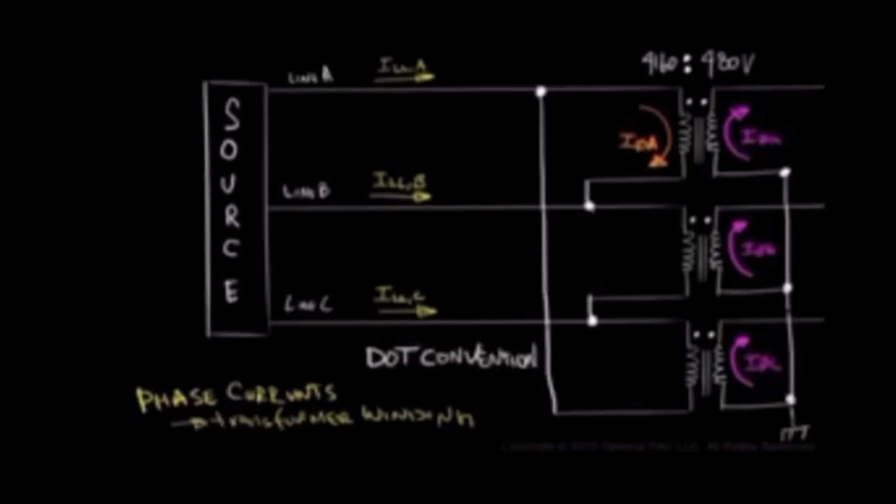This makes sense, right? We're simply following the dot convention. If the current goes into the dot on one side, current must flow out of the dot on the other side. Similarly, phase B current must flow into the dot on the primary side to make the secondary phase B current flow out of the dot on the secondary side, and lastly, phase C current must flow into the dot of the primary side, and the secondary phase C current flows out of the dot on the secondary side.